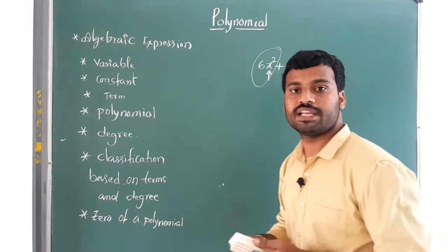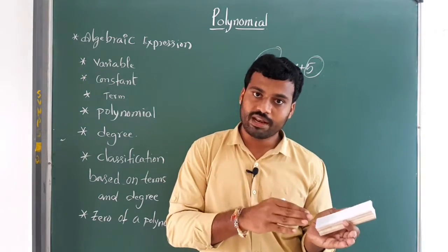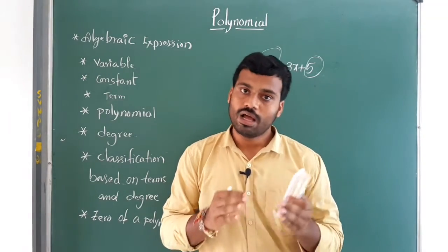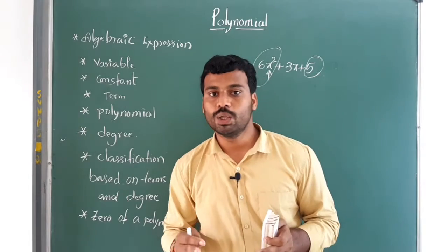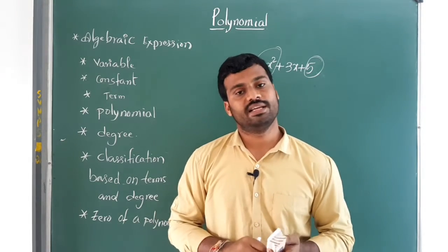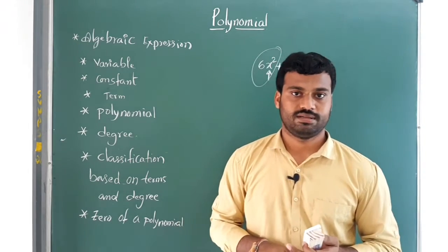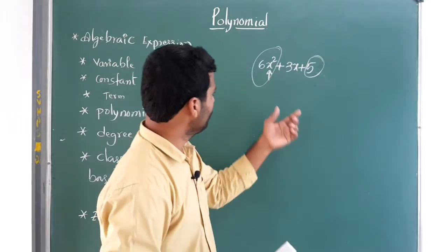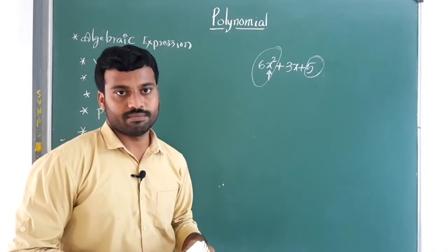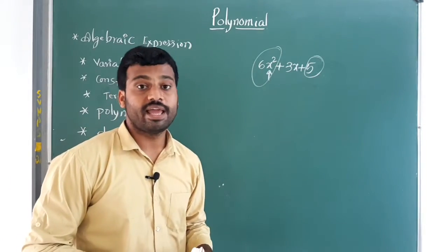The definition of a term is: it is made with variables and constants, or only a variable, or only a constant, under multiplication and division. Clear or not? So, I said 6x square plus 3x plus 5 is an expression.